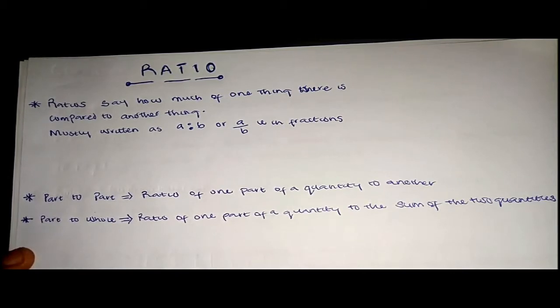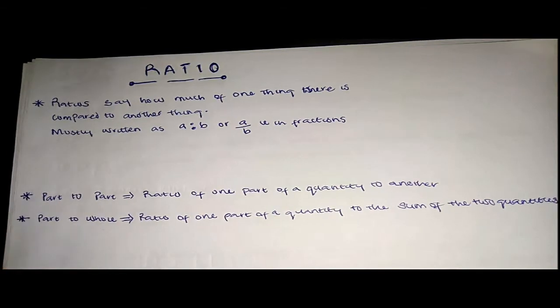It's a ratio of one part to the whole, that is, to everything that you are finding the ratio of. From the 4:2, the whole is actually 6, like all the oranges. So that is part to whole.